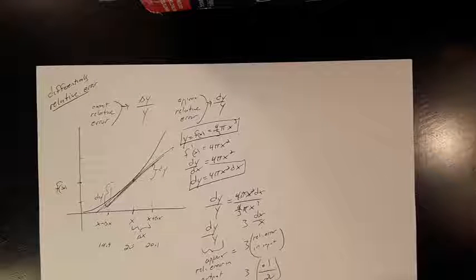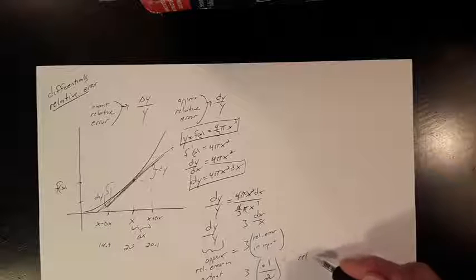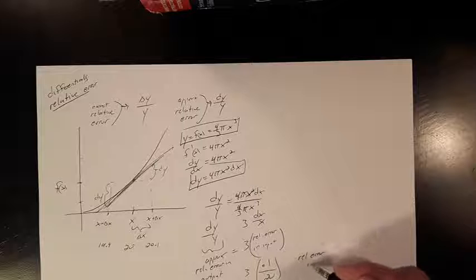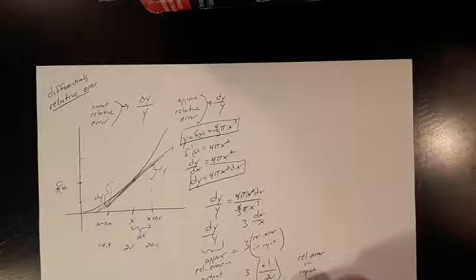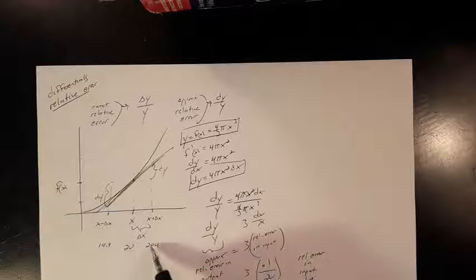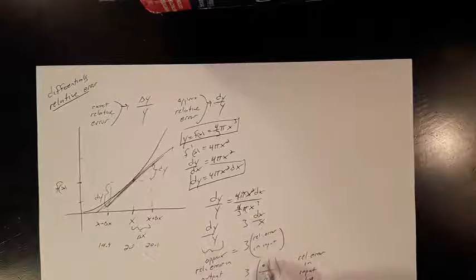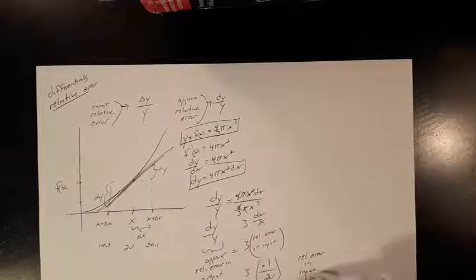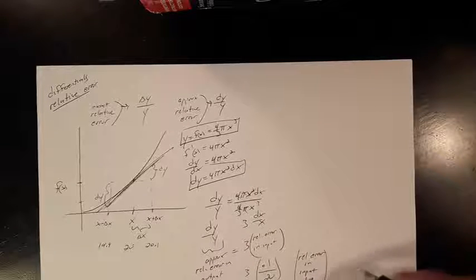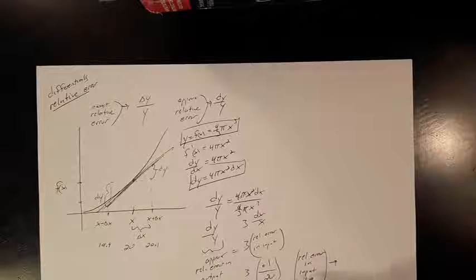So see how this is half, half a percent. Your relative error in input, which is half a percent, because you're talking about 0.1 over 20, is your relative error in input. That gives you your relative error in output, which is 3 times that, which is 0.015.